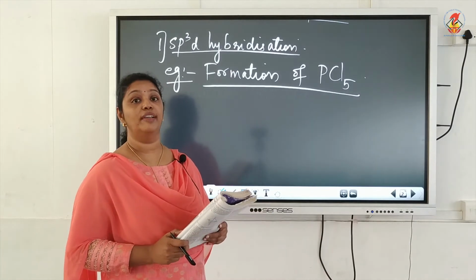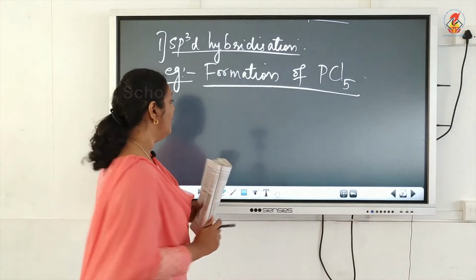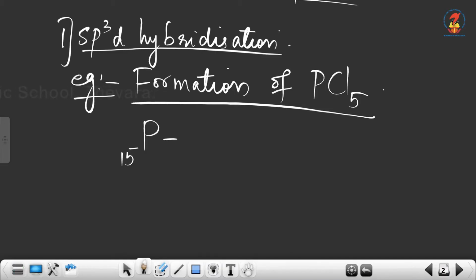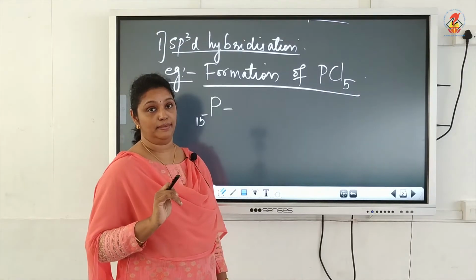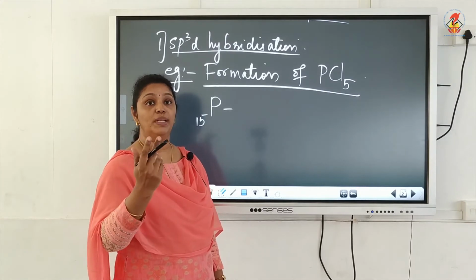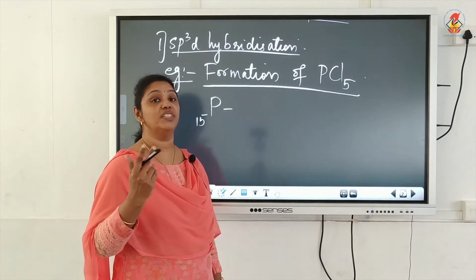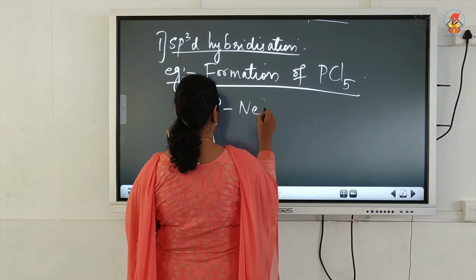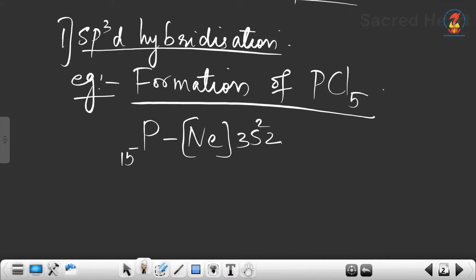In PCl5 the central atom is phosphorus and the atomic number of phosphorus is 15, and phosphorus is in third period. So it takes the noble gas configuration of the second period, which is neon. So when we write the electronic configuration, we can write neon 3s2 3p3. This is the electronic configuration of phosphorus.